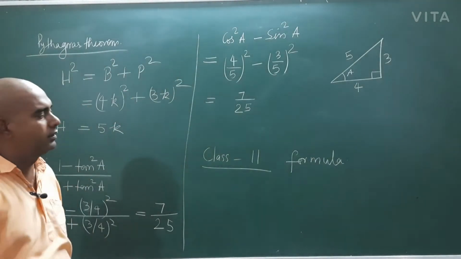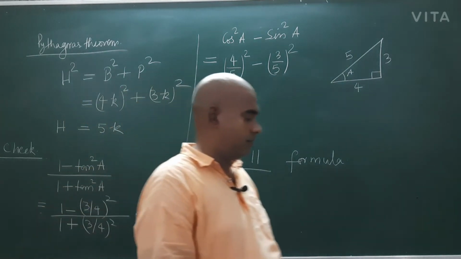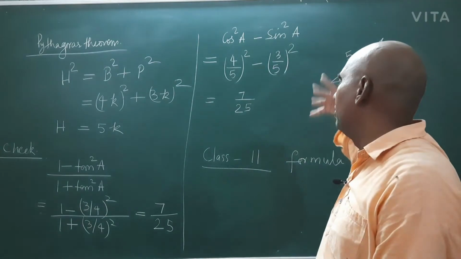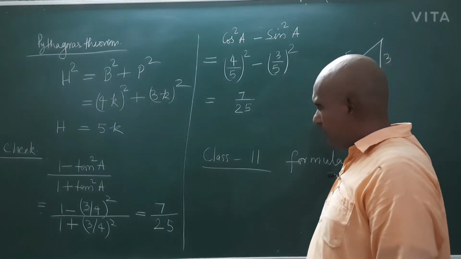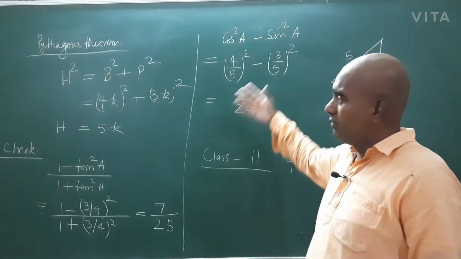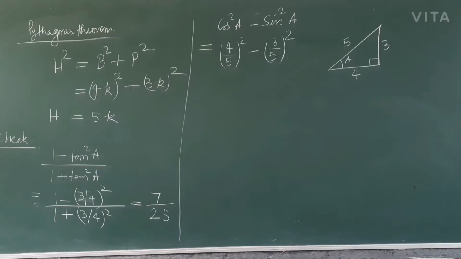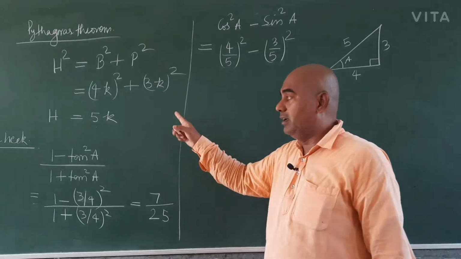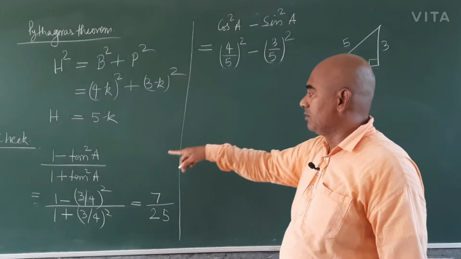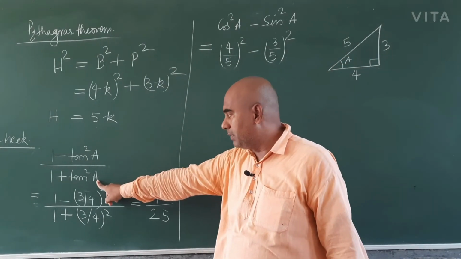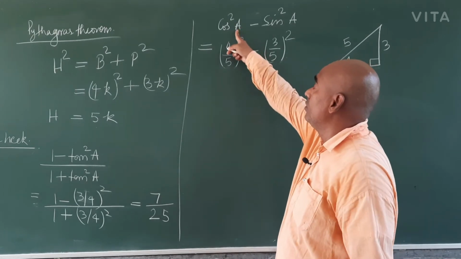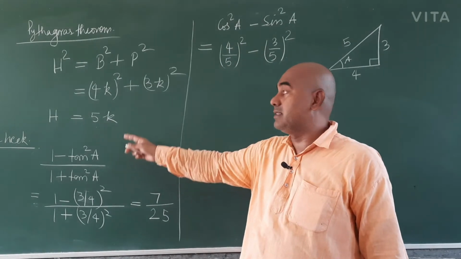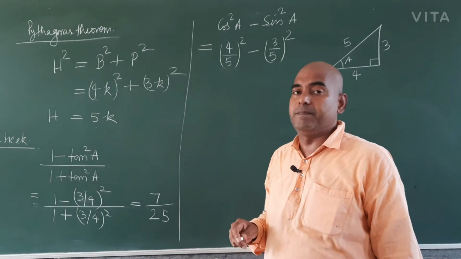Here we have to prove it, because it is not only for this equation; whatever the angle A of any triangle, this will be correct. Dear friends, this formula, 1 minus tan square A upon 1 plus tan square A is equal to cos square A minus sin square A, you have proved in practical terms.